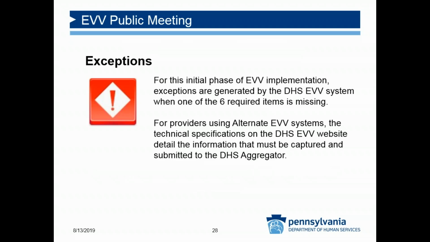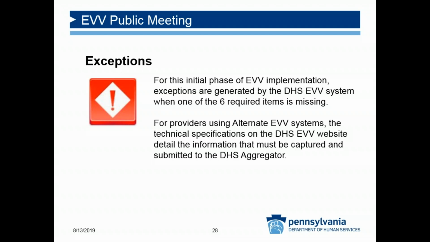So exceptions. We wanted to address exceptions that would be generated. For the initial phase of EVV implementation, exceptions are generated by the DHS EVV system when one of the 6 required items is missing.